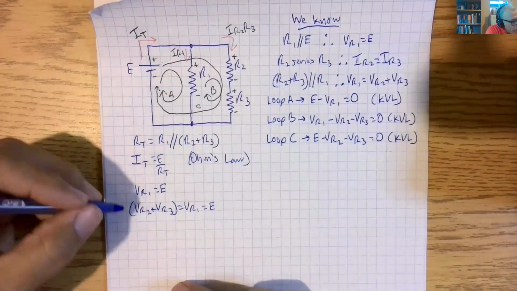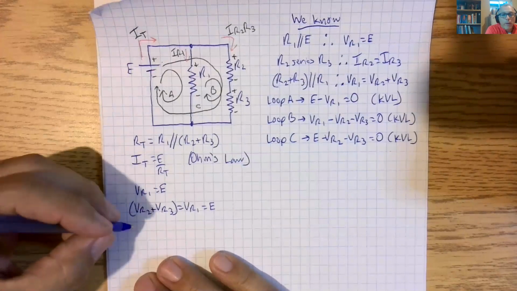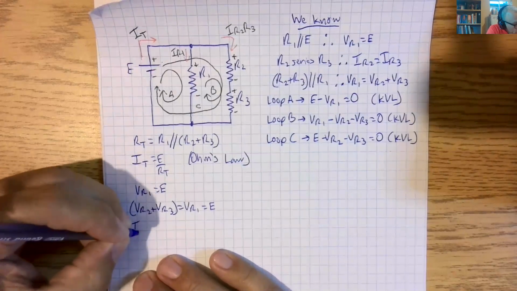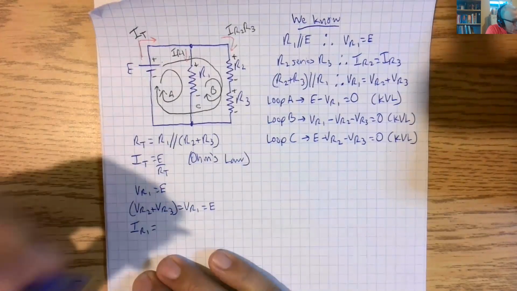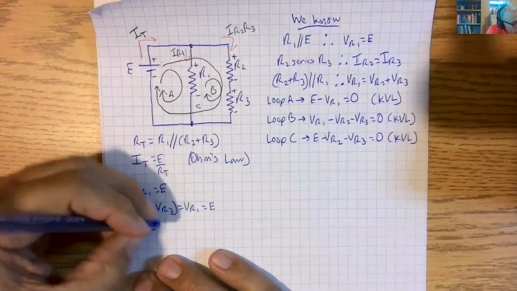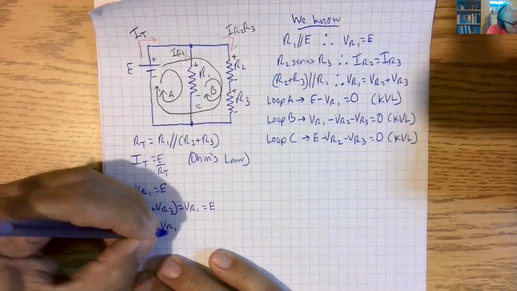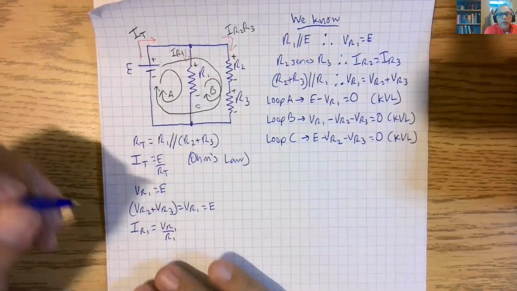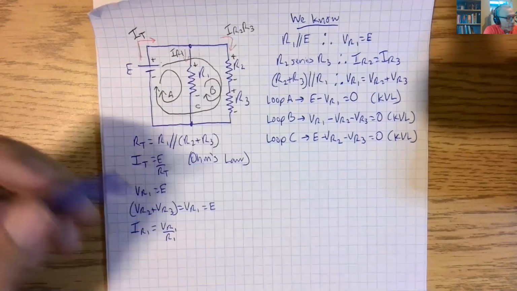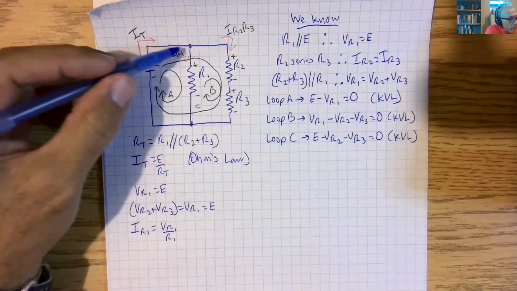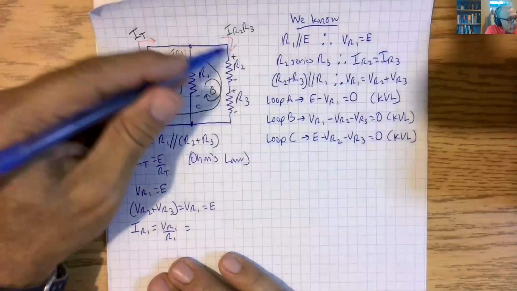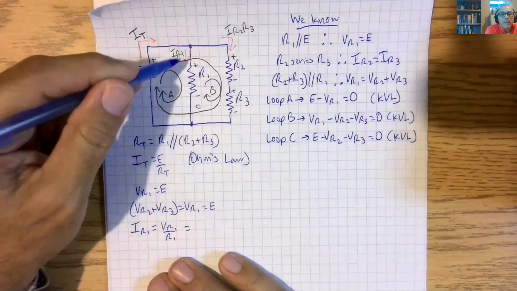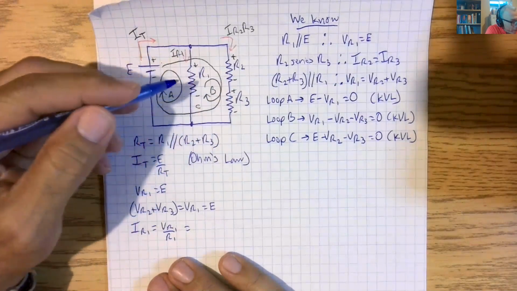So IR1 is simply VR1 over R1. Okay? But we can also say we have IT in this network. We can also say that IR1 is this whole resistance here, this entire resistance.